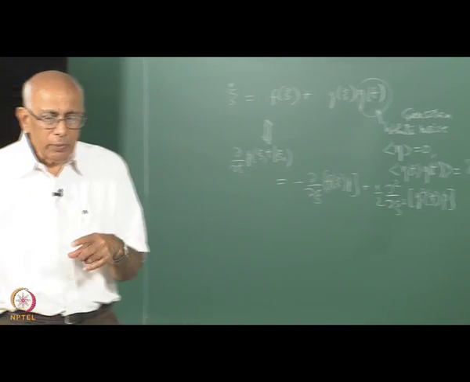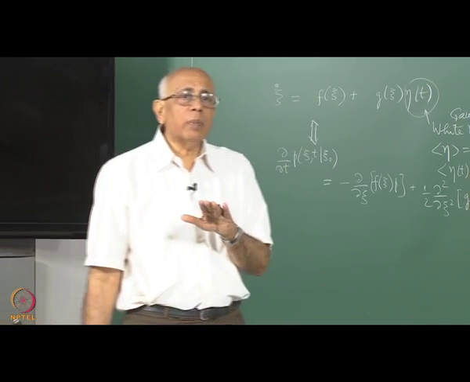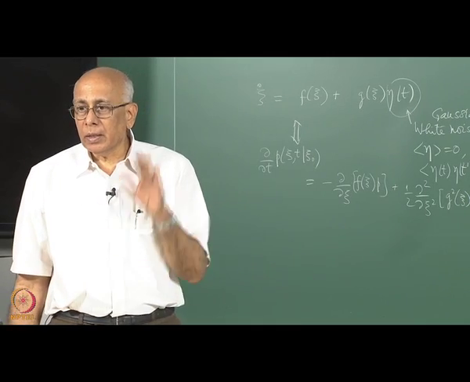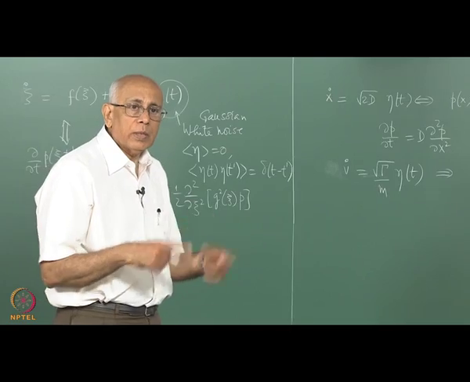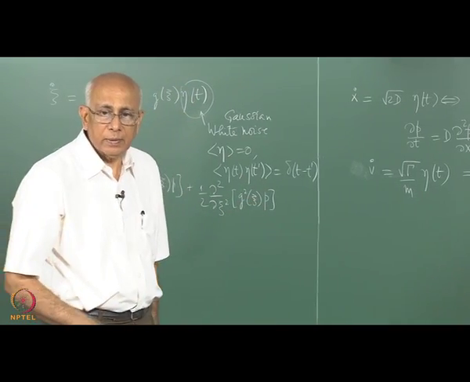So to distinguish between these two kinds of averages, let me put an overhead bar to denote averages over a given initial condition V0, and then a subsequent average over these V0s will give me a final average for which I will use angular brackets.